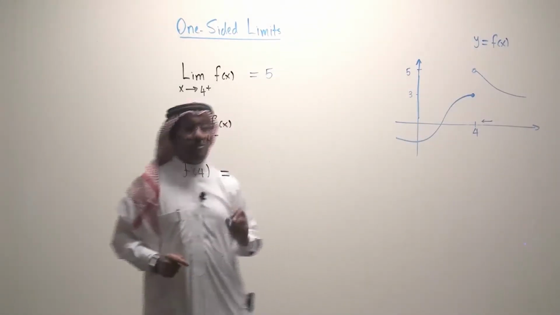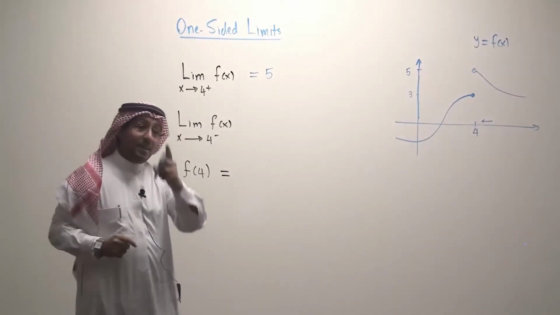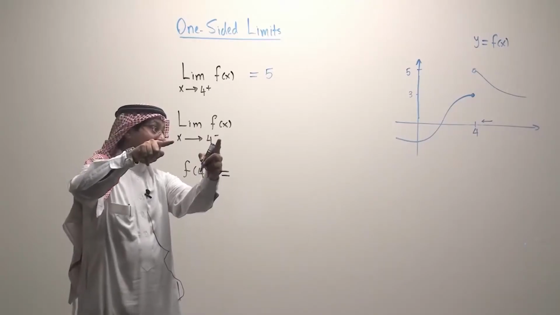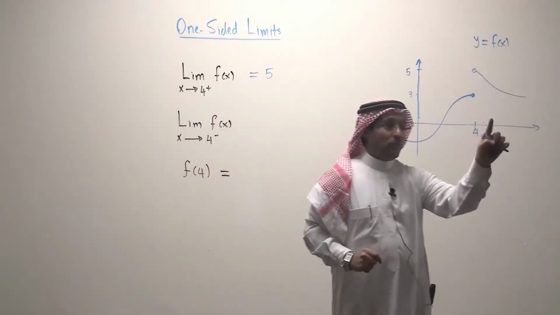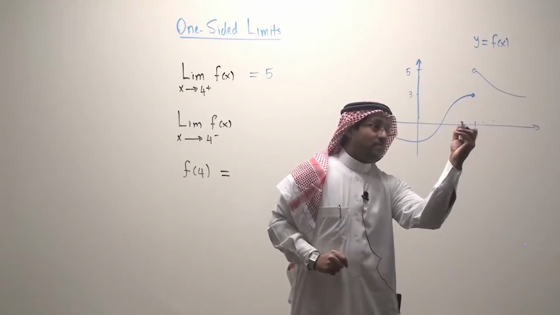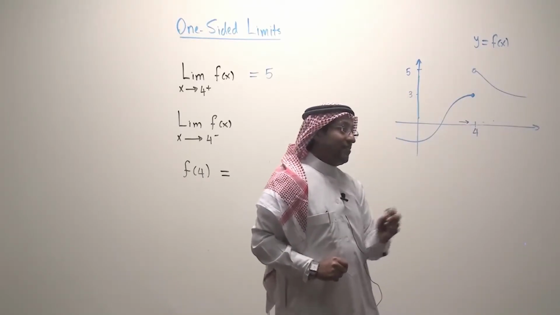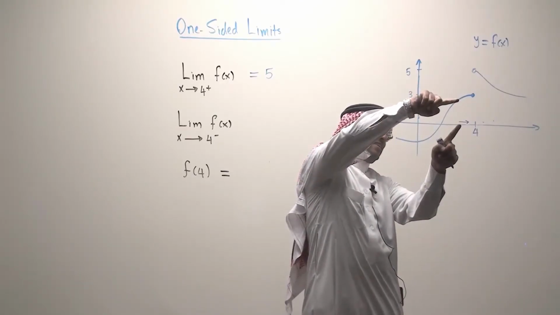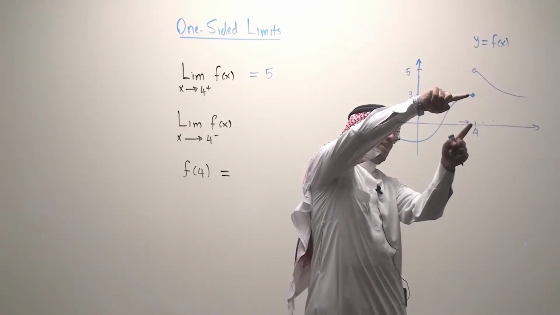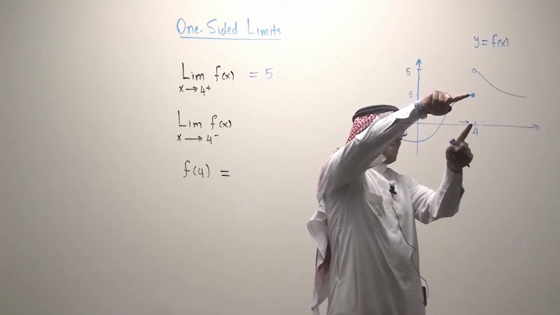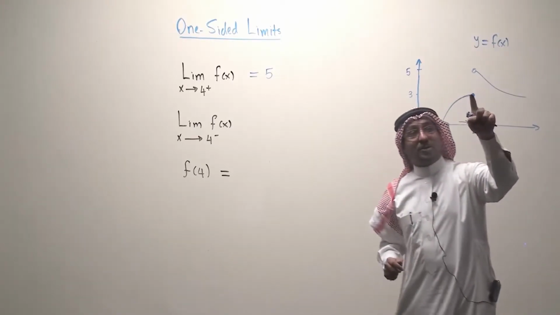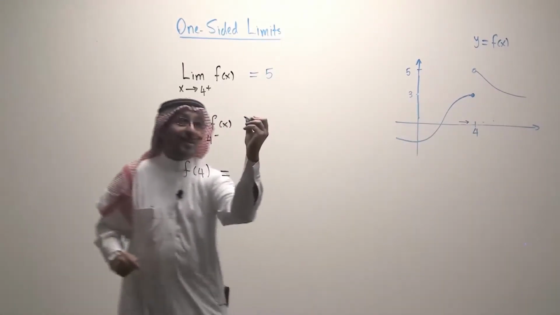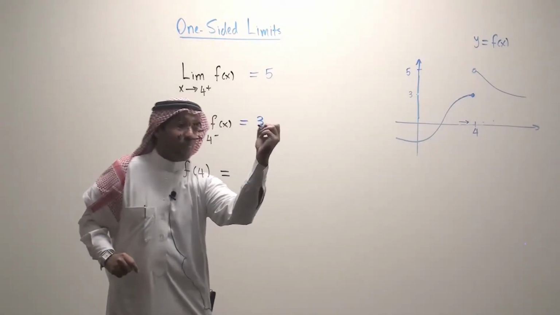Now let me see the limit of this function when x goes to 4 from the left. So now I'm going to approach 4 from the left side. So this is x and this is the y value. As I get closer and closer to 4 from the left, the values of the function are getting closer and closer to this point, which is what? 3. So from this side, it's going to be 3.